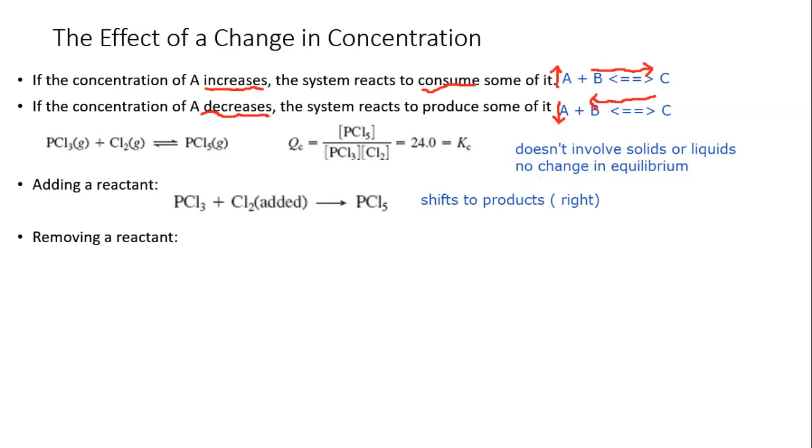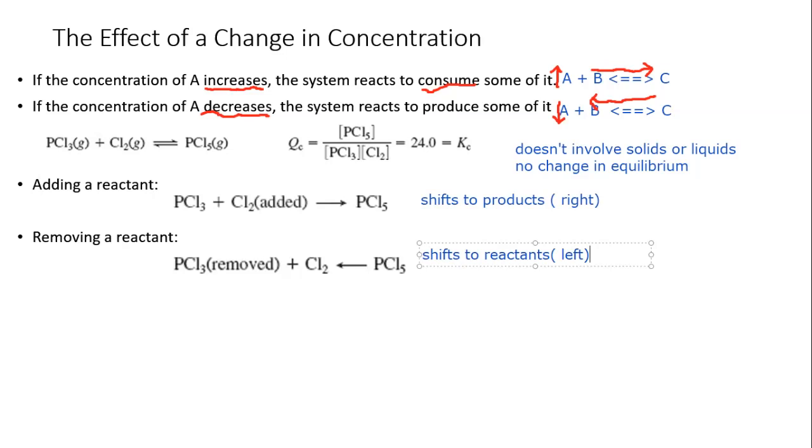Now when we remove a reactant, it's going to shift in the direction to make more reactant. So it shifts to make reactants, to the left. So in general, when you add a reactant or product, it's going to shift to the opposite side. So if you add a product, it's going to shift to reactants.